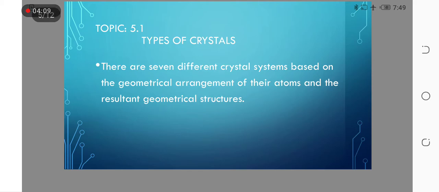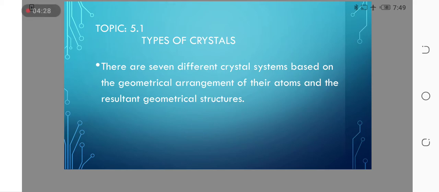There are different methods by which we can easily analyze crystals, but there are 7 different crystal systems based on the geometrical arrangement of their atoms, and the resultant geometrical structures are shown in the next slide.